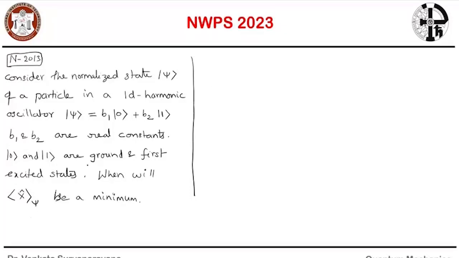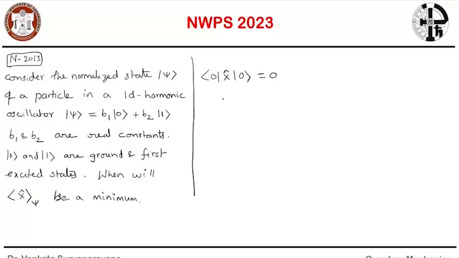And if that is so, first you need to figure out the expectation value of the position operator. And the question is, when does this expectation value, which is calculated, become minimum? So what is expected of you is, if you have this is 0.